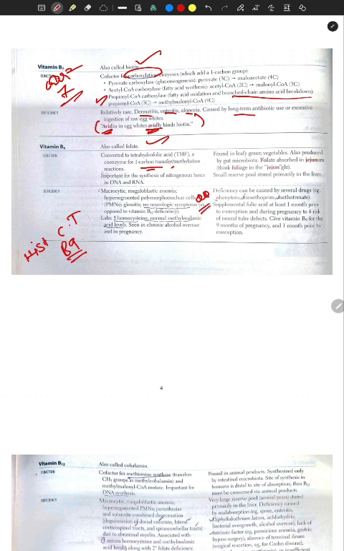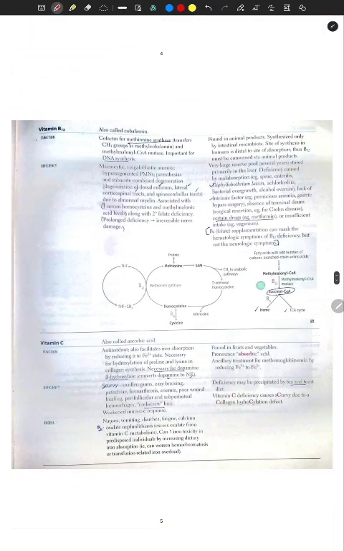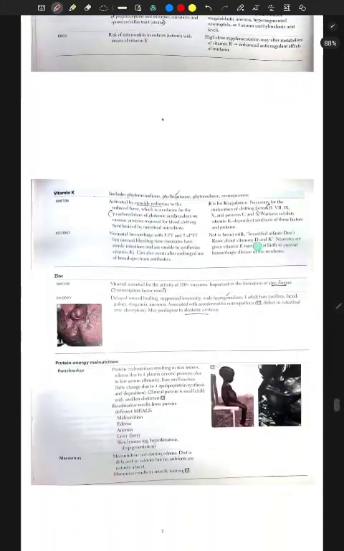If there is neurological manifestation, that is a B12 deficiency. When there is no neurological manifestation but megaloblastic anemia, go for folic acid deficiency. And we know neural tube defects. So when are you going to give this? Give vitamin B9 for 9 months of pregnancy and 1 month prior to conception. That's all.